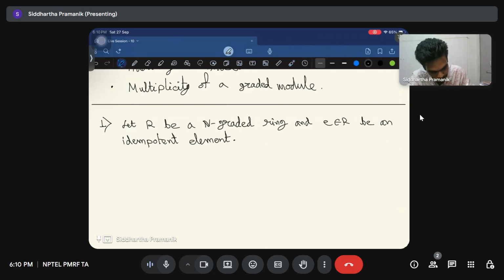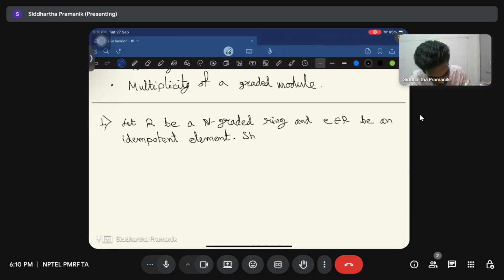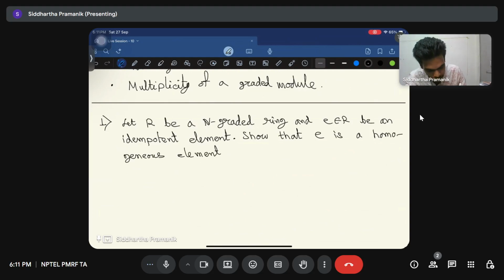So let e be an idempotent element, then show that e is a homogeneous element of degree 0.